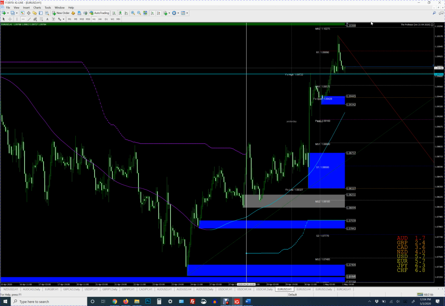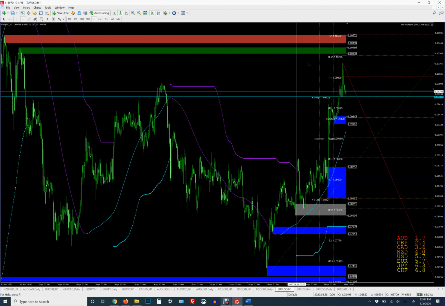If we zoom out just a little bit, the upper portion of this coincides with previous support and resistance levels here. At that point, I would say that this is your buy zone and this is your sell zone.